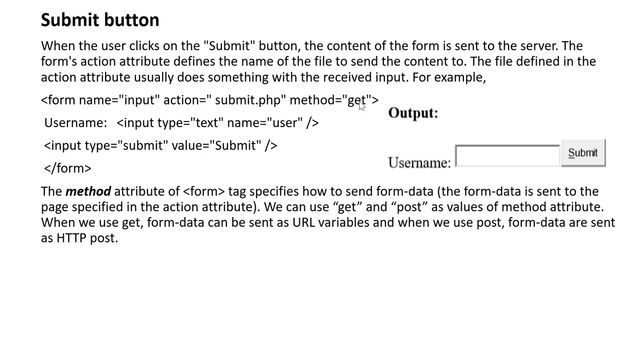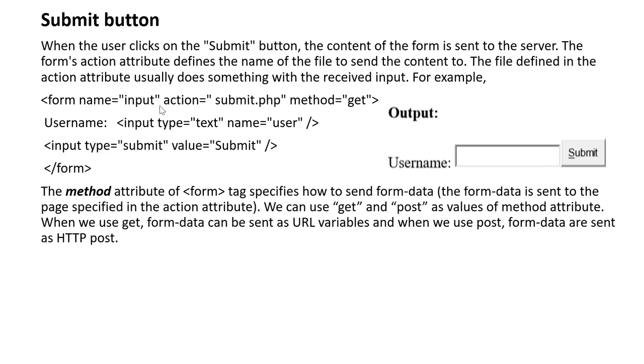Method get. I will teach you about the method attribute later. For now, ignore this. If you provide the action attribute, then after pressing the submit button, it will go to submit.php.